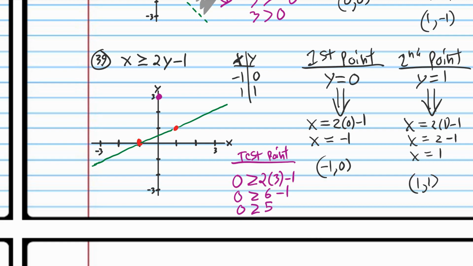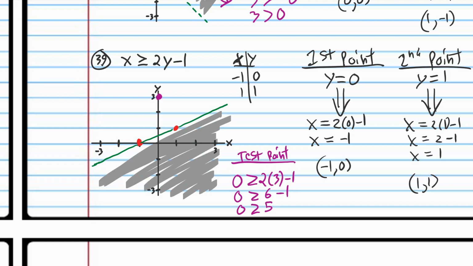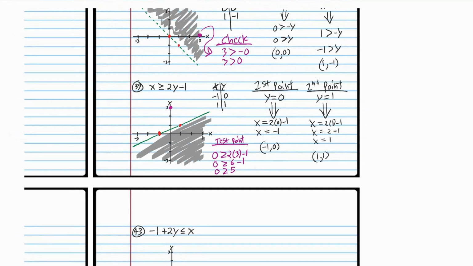Well, obviously that's not true. It's not correct. So you don't shade in the region with that test point, you shade in the opposite region. So this region here. All right? So if you shade it in that region, good job.